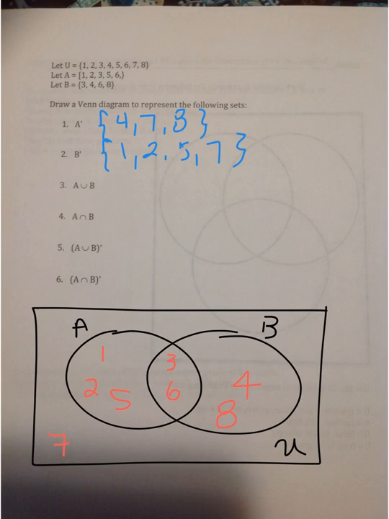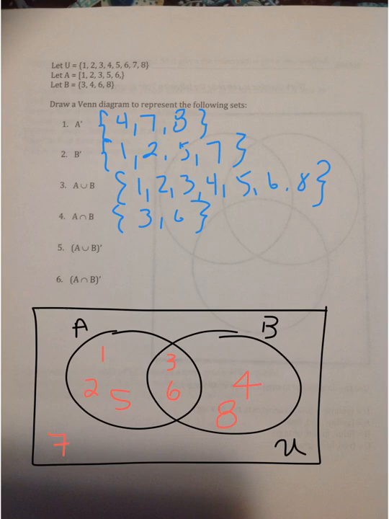The union of A and B is everything that's in A and in B, which is 1, 2, 3, 4, 5, 6, and 8. The intersection of A and B is 3 and 6. What is not in the union of A and B?